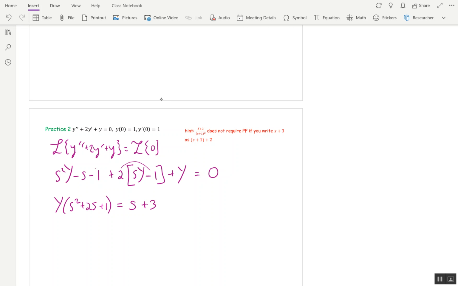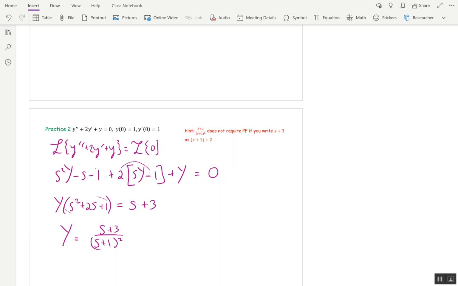All right, and so now divide both sides by s squared plus 2s plus 1, which happens to be s plus 1 squared. So big Y is going to be s plus 3 over, again, s squared plus 2s plus 1 is s plus 1 quantity squared.